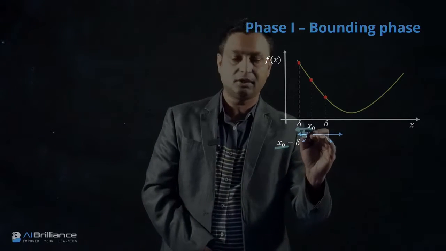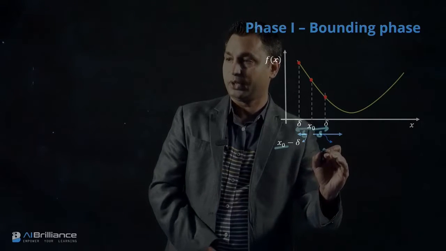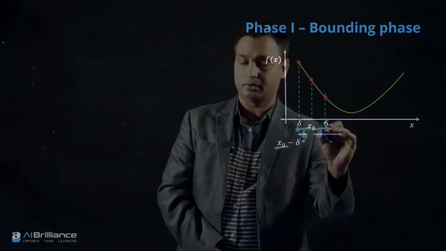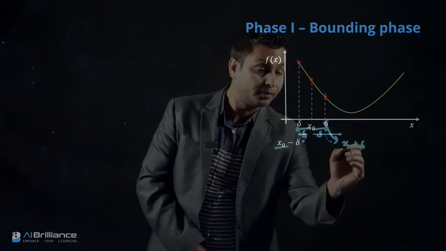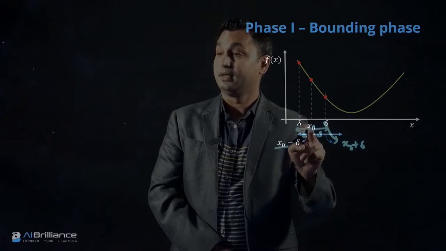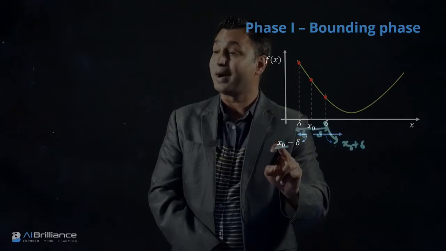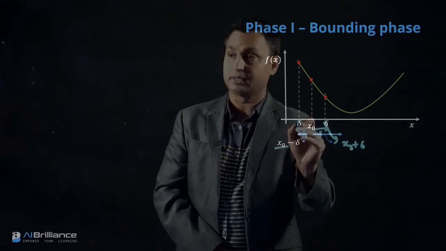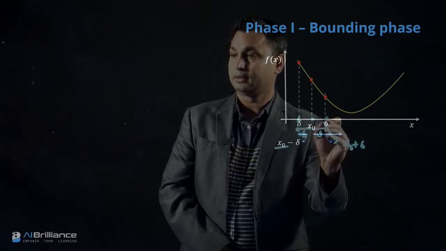And then we have selected a point which is delta on the positive side, so the point located here is x0 plus delta. So now we have selected on the x-axis x0, x0 plus delta, and x0 minus delta, which are these 3 locations.